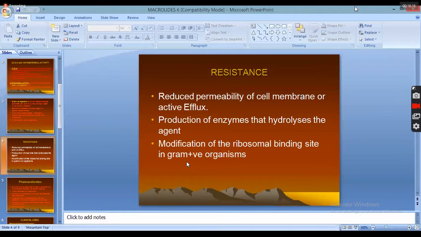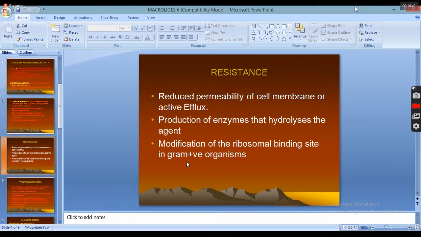So this, the first point that you see on the screen, the reduced permeability of the cell membrane or active efflux. So one thing that decreases the concentration of the antibiotic inside the cell is because of the changes in the mutation, that the drug cannot be transported comfortably, easily, conveniently inside the cell, or there is some efflux pump. Efflux pump is a pump which is developed or present in the bacteria.